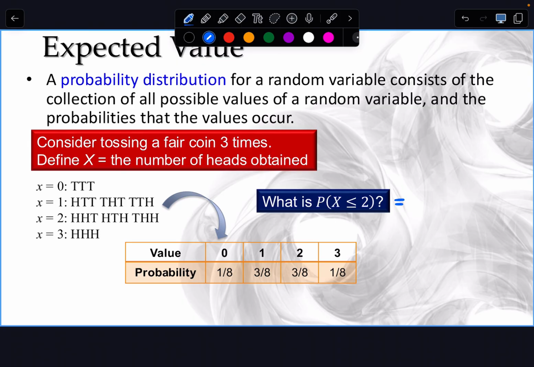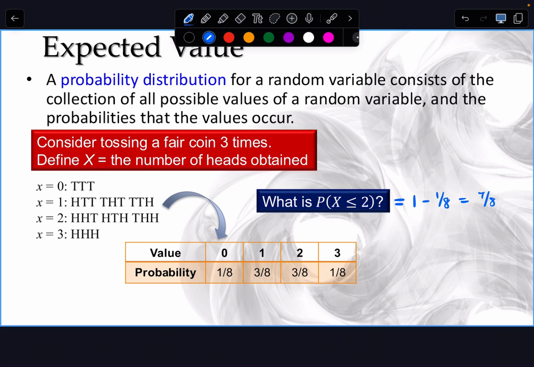All right, one possibility is use my complement rule, right? The only thing I don't want to have happen is that I get 3 heads. So I could take my total sample space of 1 minus the 1 in 8 chance that I get 3 heads, and I get a probability of 7 out of 8.